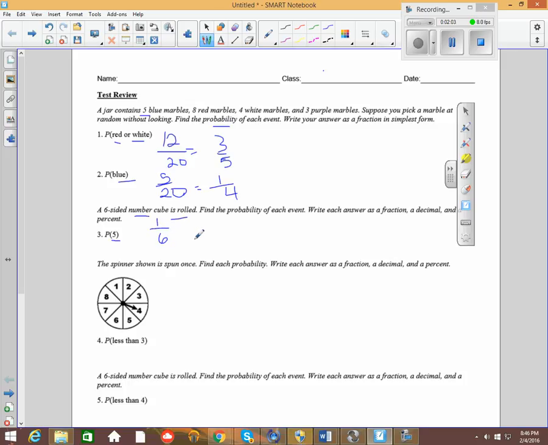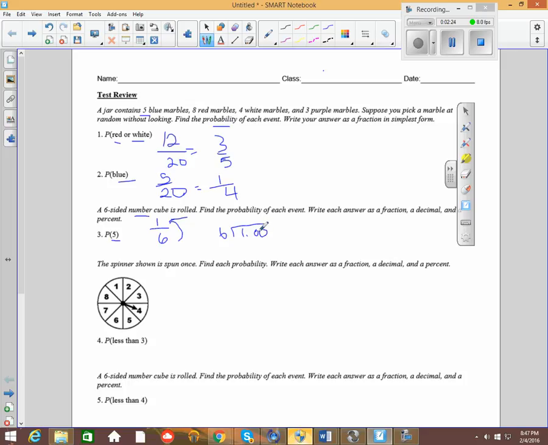Now for this problem, you're going to have to answer it as a fraction and decimal. So what is the decimal of 1/6? That means you're going to have to divide 6 into 1, and bring in your decimal, adding zeros.